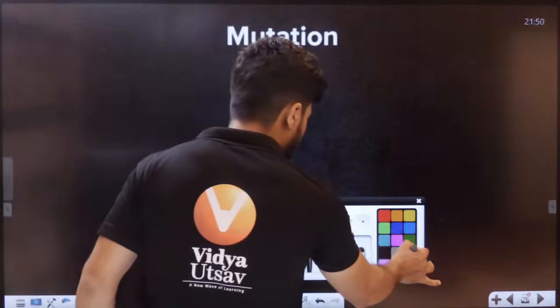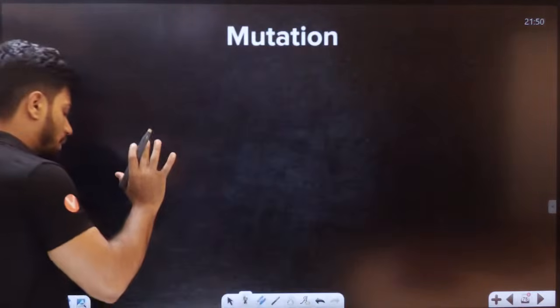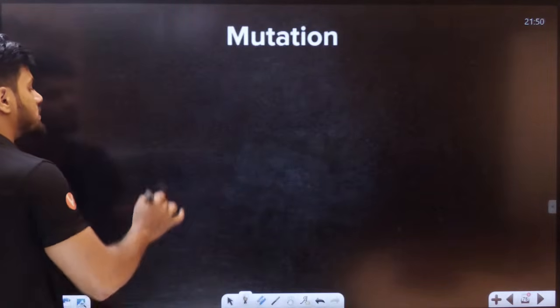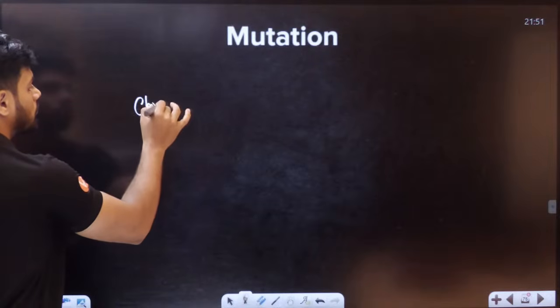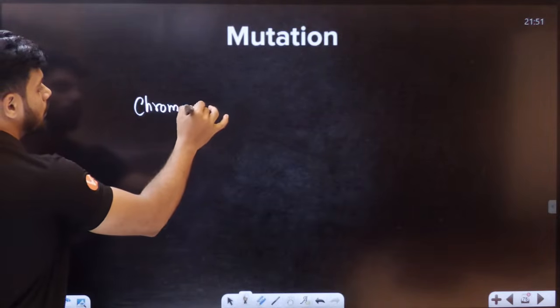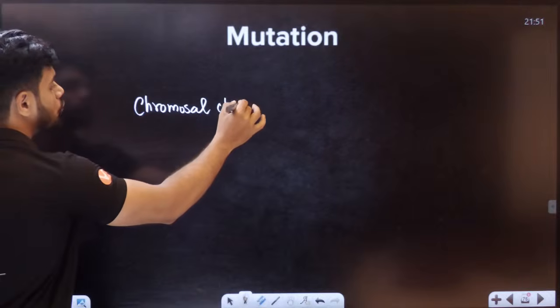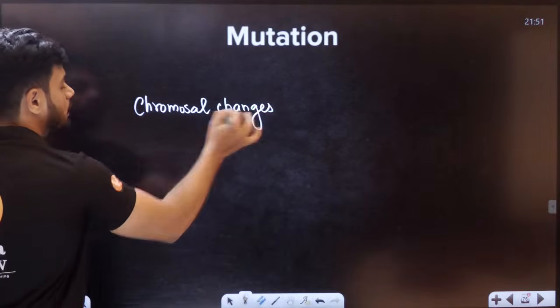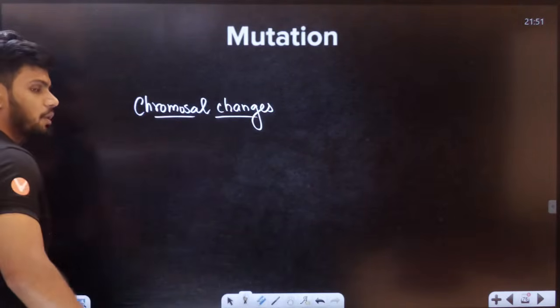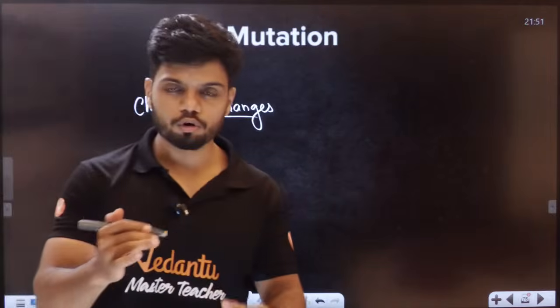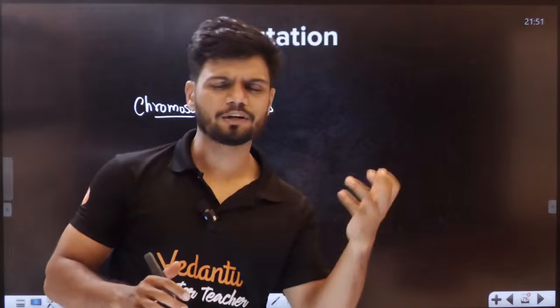Now, students, I want all of you to understand there is something called chromosomal changes. All of these chromosomal changes happen because, let's say, homologous chromosomes don't separate out, or there is no cytokinesis. That can lead to these conditions.